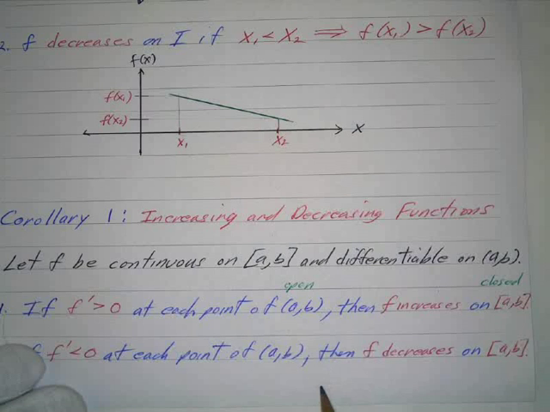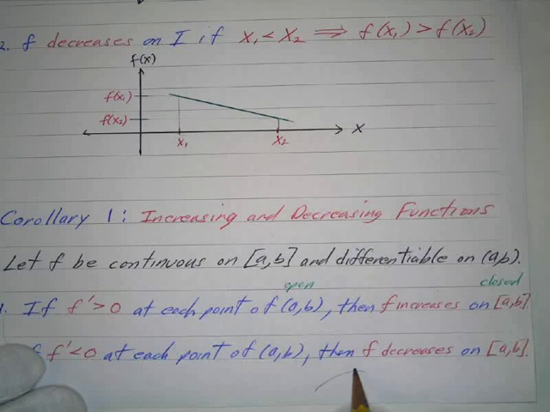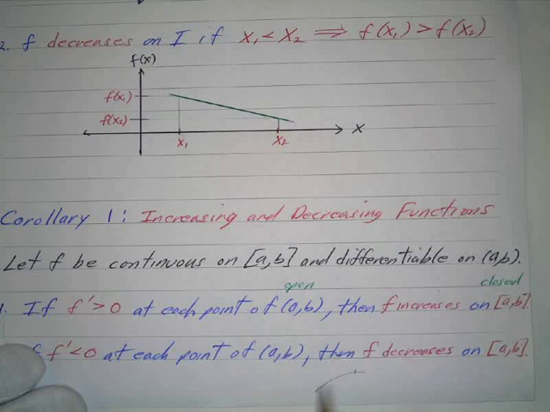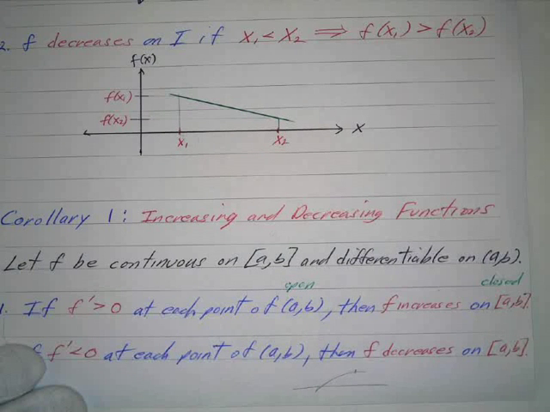All right, and the only thing I'm just saying is if you have a situation where our function is going like this, so we can see that, and then let's say this is point A, and this is point B, and let's say the slope is 0 at B. Then the function looks like it's increasing from A to B, because the slope is positive until I get right here at B, where it's going to come back down.